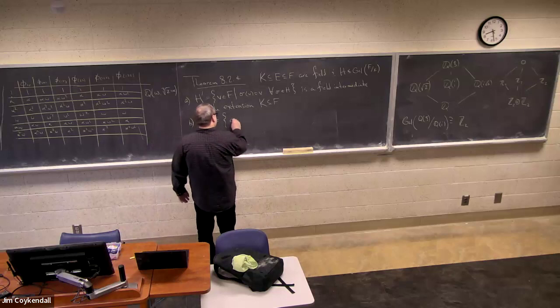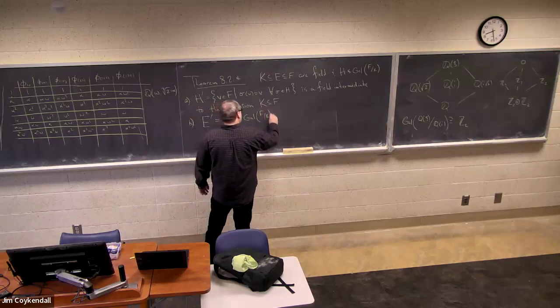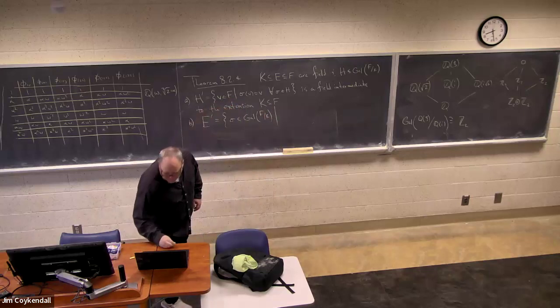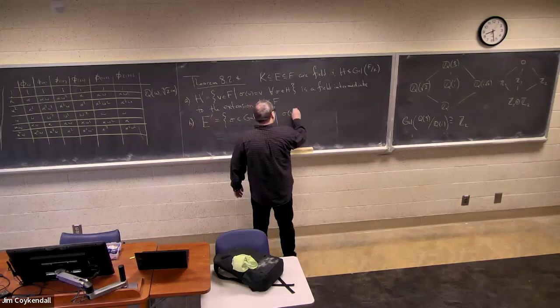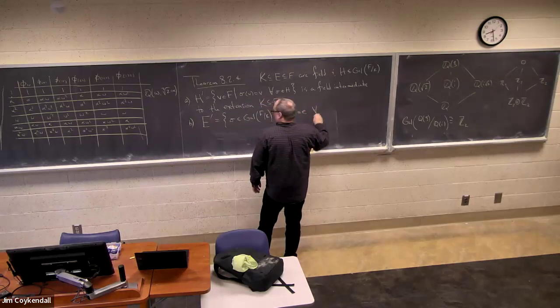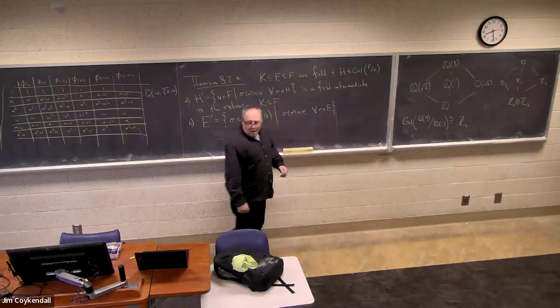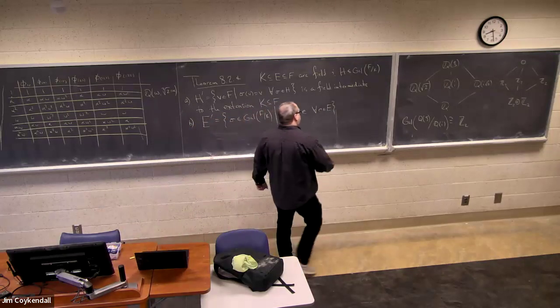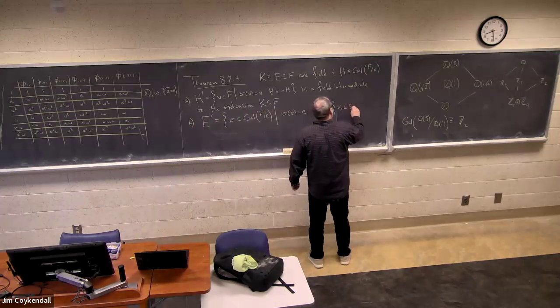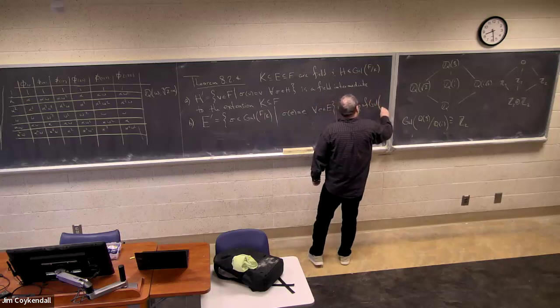This is the set of sigma in the Galois group of F over K, so it's an automorphism of F that fixes K, such that sigma of e is equal to e for all e in E. And this is a subgroup of the Galois group of F over K.